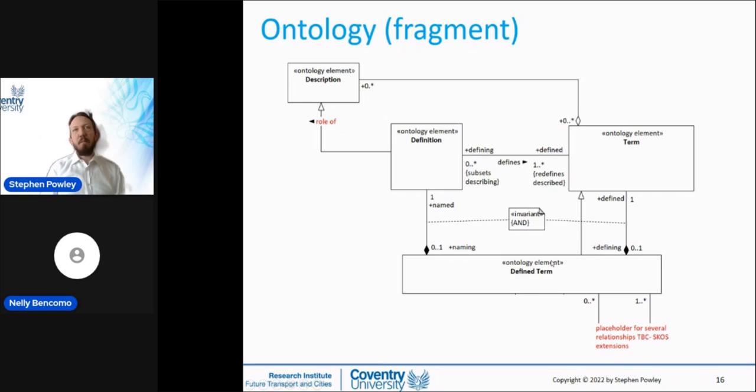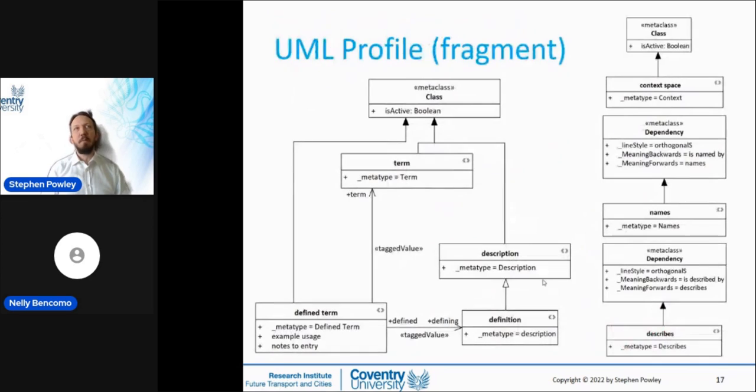So we have this idea of a defined term, which must be made up of a definition and a term. And what we have between defined terms is a set of relationships that can exist between defined terms. And I've used the simple knowledge organization system as the basis for my set of relationships between terms. I'll come back to that in a minute.